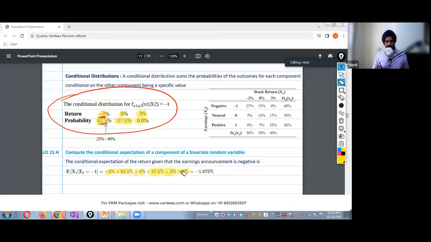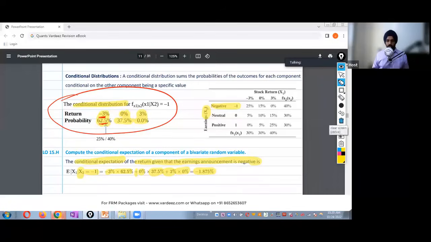And then once you solve it, you get your conditional expectation of the returns given that the earnings announcement is negative. So X2 given the earnings is negative. What is the conditional distribution? We have solved it. And what is the conditional expectation? The average of these two things.